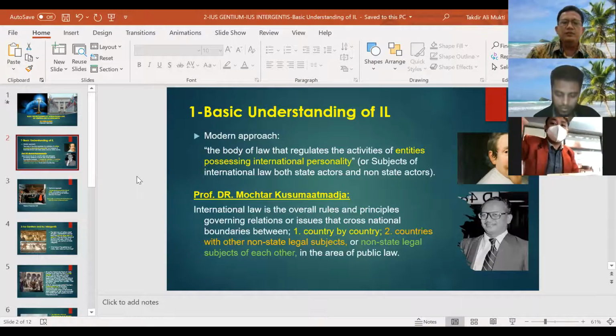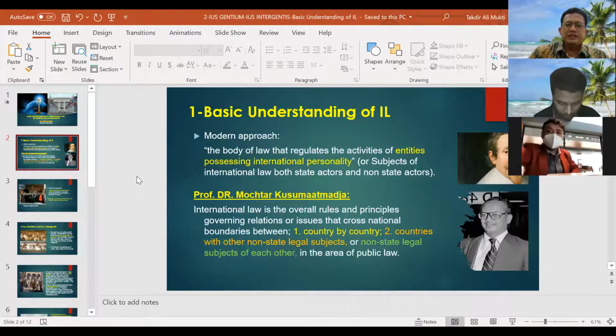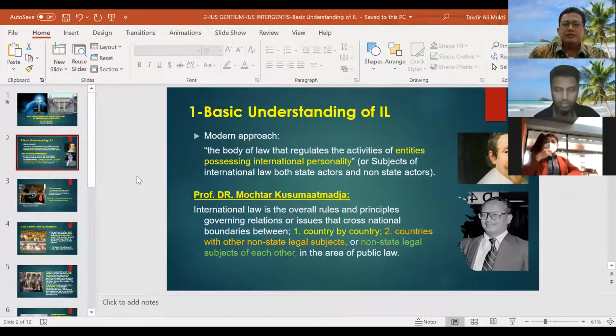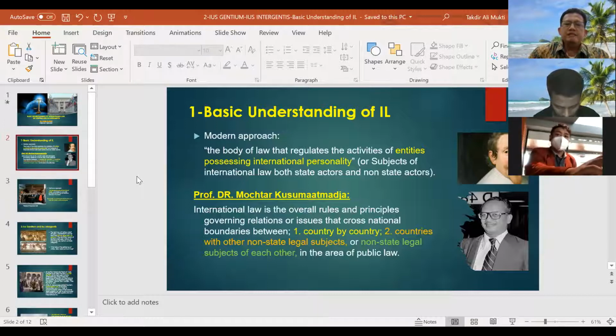As we know, he was the Minister of Foreign Affairs of the Republic of Indonesia in President Suharto's era for a 3 year period, and he was also the chairman of the commission on the law of the sea under the United Nations. So he was a very prominent person in Indonesian studies related to international law.